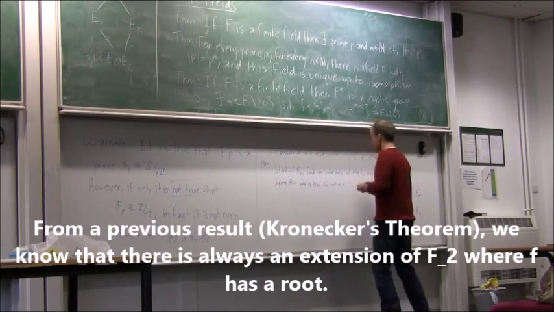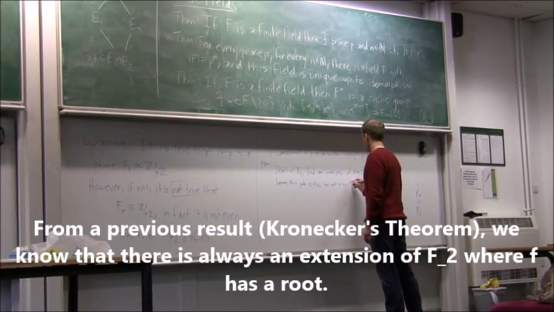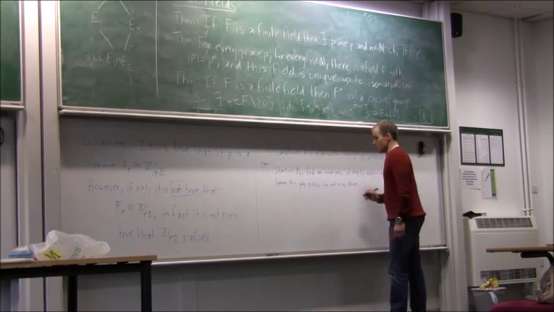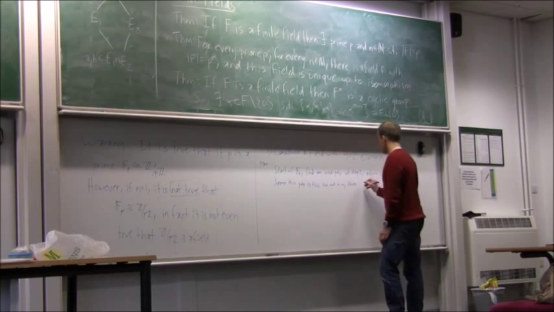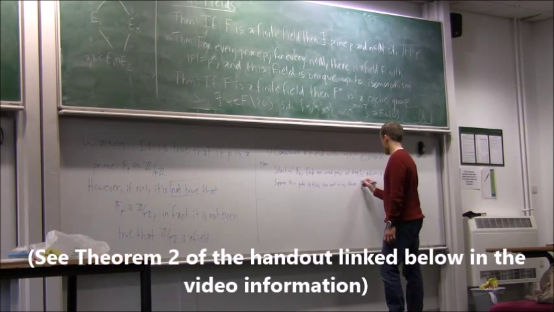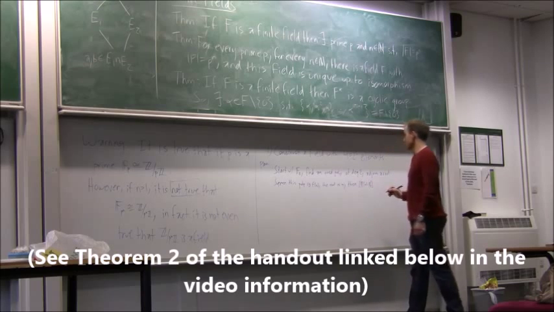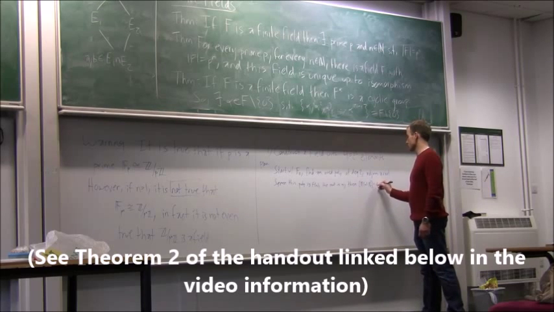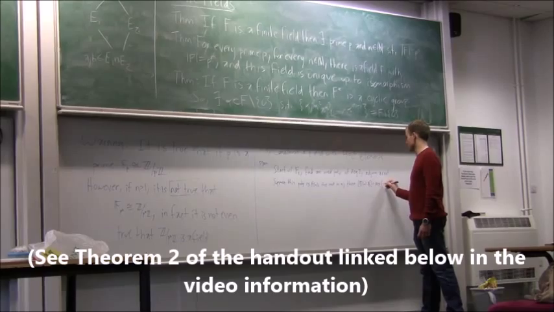And then, what can we say about the extension? Well, by the theorem that we had on the board last time, the degree of the extension F2 adjoin alpha over F2 is equal to the degree of the polynomial f, which is 2.